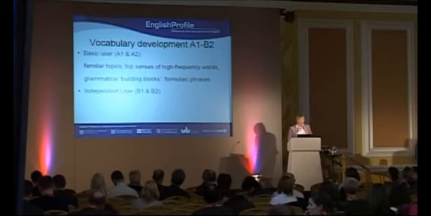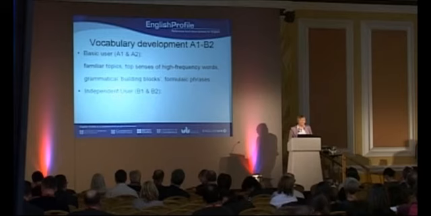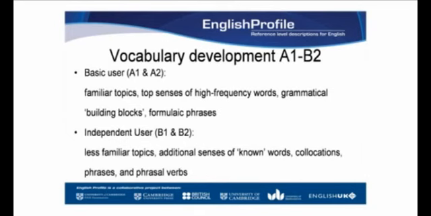If we think about the B levels, B1 and B2, that's threshold and vantage. Well, here, as a learner, you're broadening out. So you're encountering less familiar topics. I think also you are, or you should be, getting to know more senses of words that you've already met.